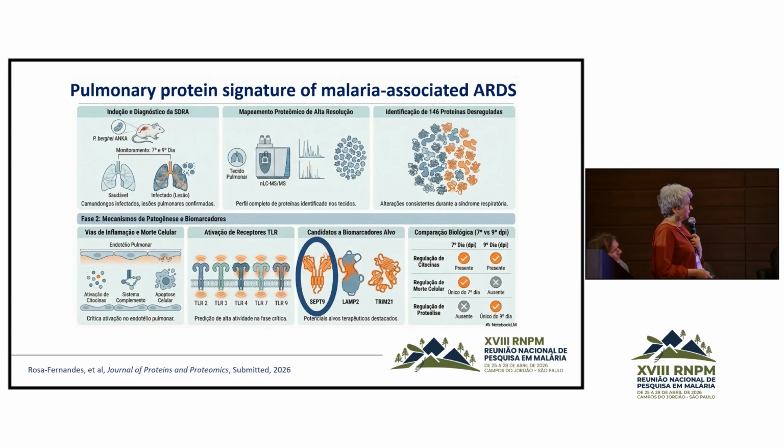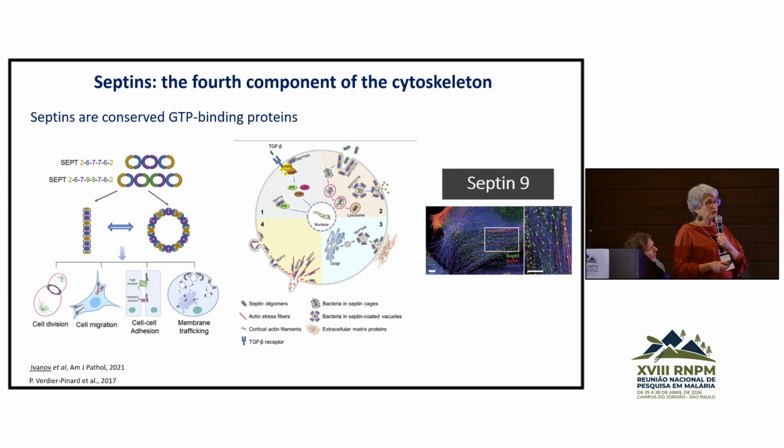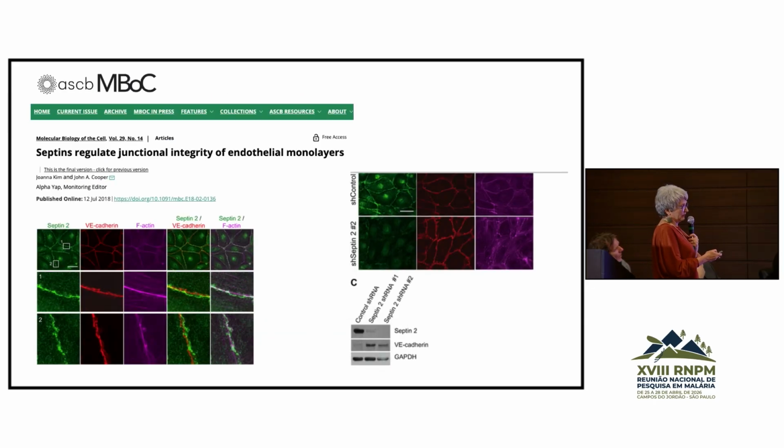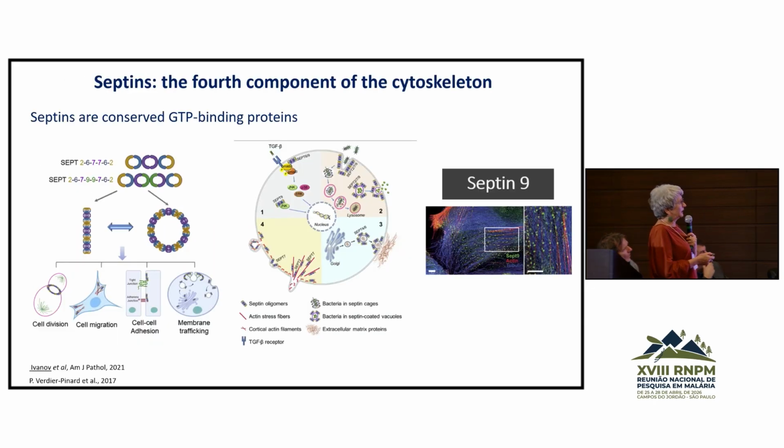Among them, septin-9. When we saw this result, we wondered, what are the septins? What is the septin? They are considered the fourth element of the cytoskeleton. They are proteins bound to GTP.